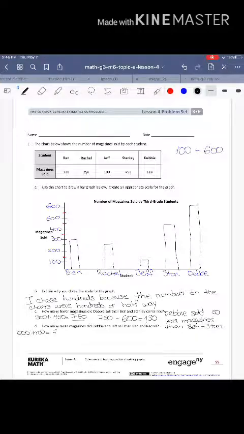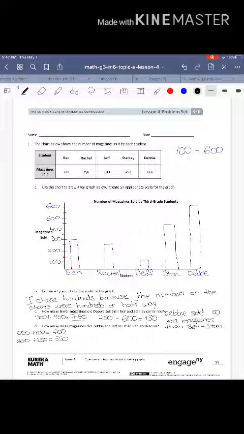So both of them, they sold 700, correct? And then we have Ben and Rachel. Ben sold 300. We're going to do it here, 300. And then Rachel sold 250. And this is a total of 550.